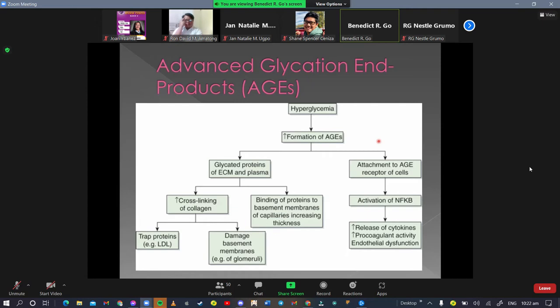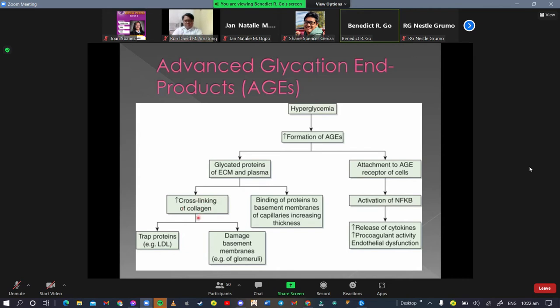Okay, so why are AGEs not good or why are they harmful? It's because in this side of the table, glycated proteins of your extracellular membrane and plasma are extruded, and they form increased cross-linking of collagen.